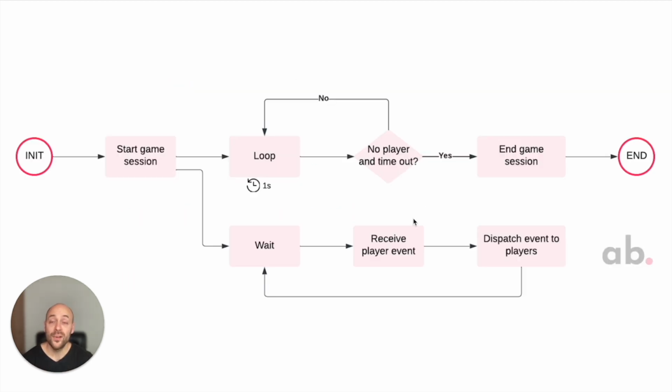In the last video, I provided a very basic script that makes the game server act as a simple dispatcher. Each time a new player connects, disconnects, or sends any update, we notify the other players, nothing more. Additionally, the script contains a loop function, ticking every second, that allows terminating the game server if there is no player after a certain amount of time.